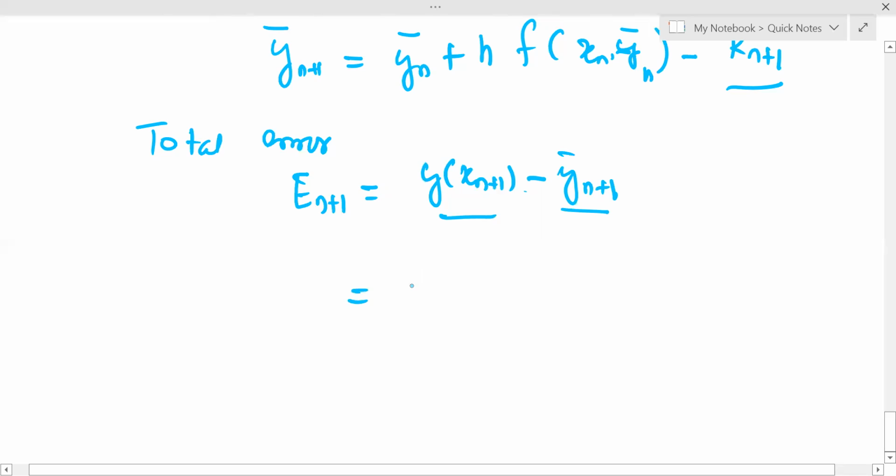So this value has already been given: y of xn plus h y dash of xn plus error.